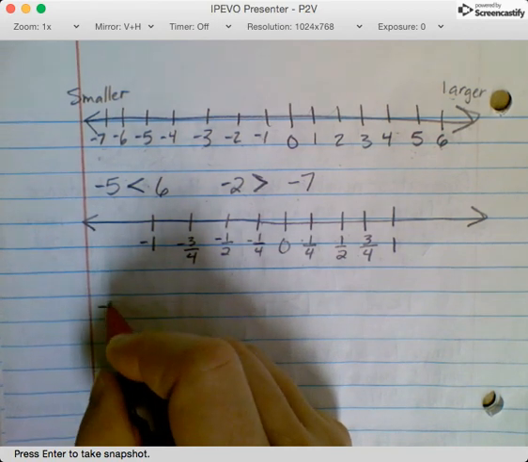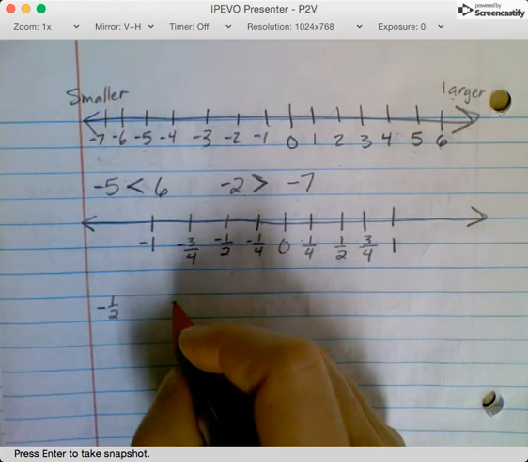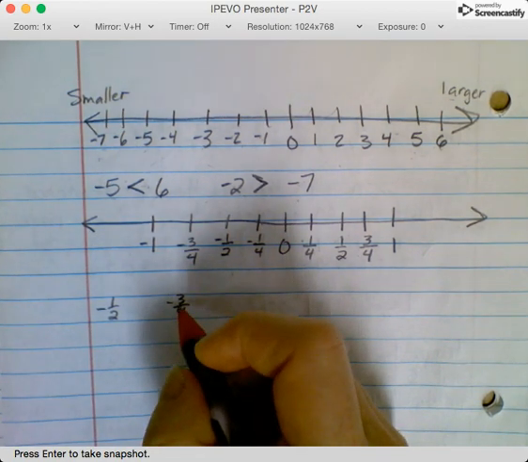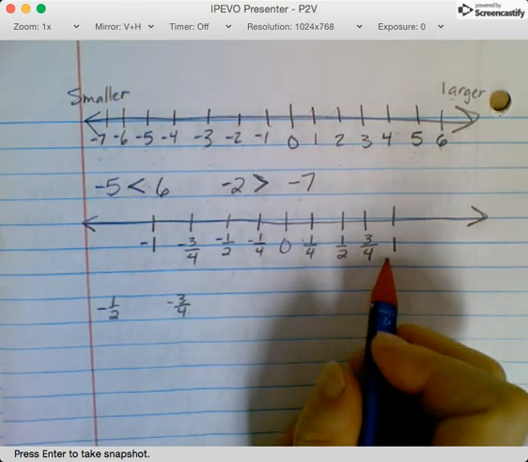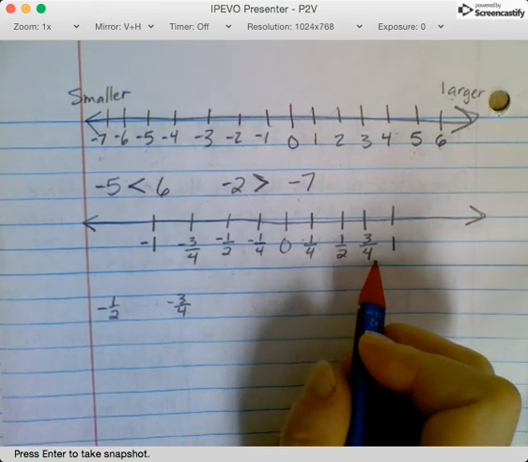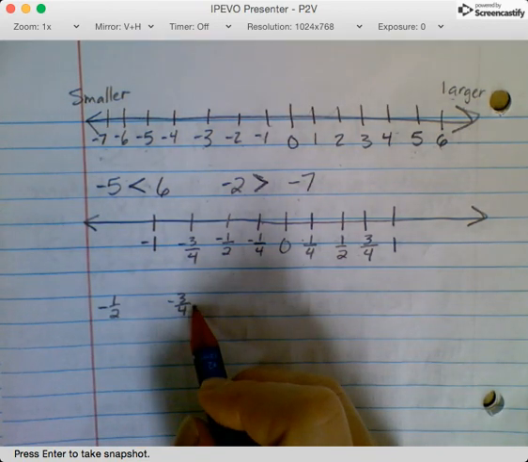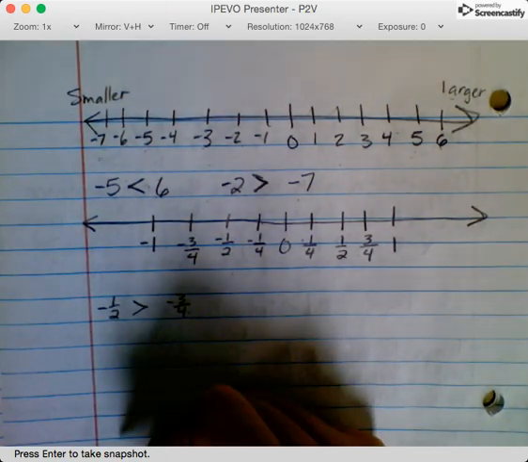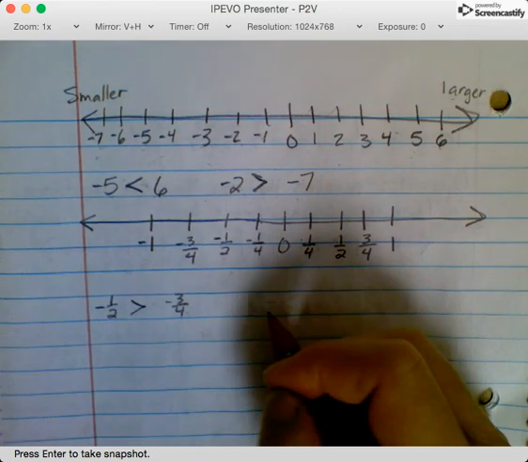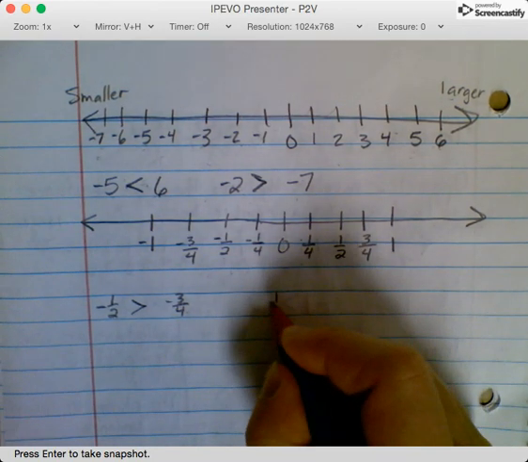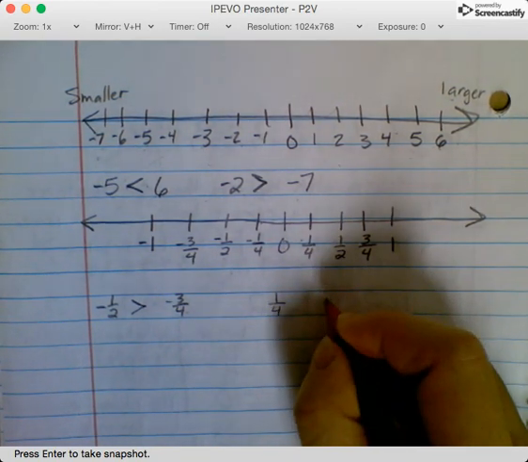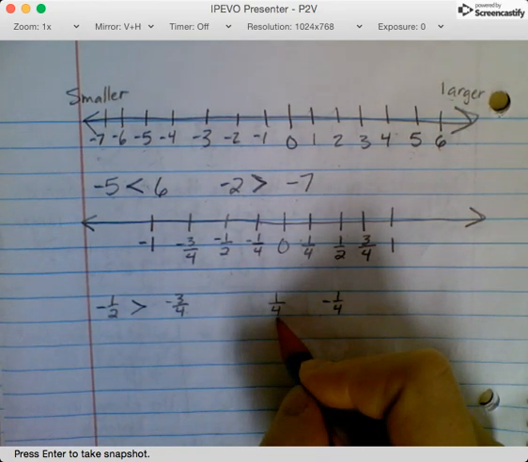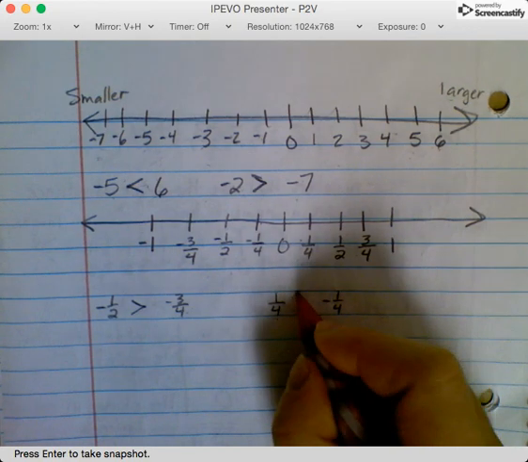So if I'm comparing -1/2 to -3/4, normally 3/4 is bigger if I were on this side of the number line. But since I'm comparing two negative numbers, it's actually the opposite. So -1/2 is greater. And if I'm comparing 1/4 to -1/4, my positive number is greater.